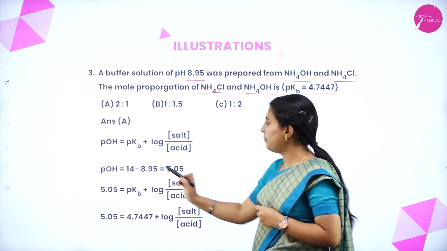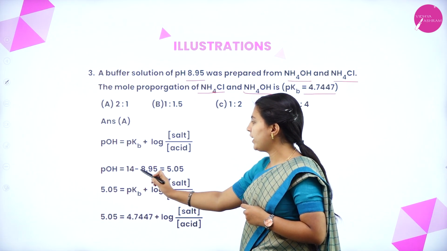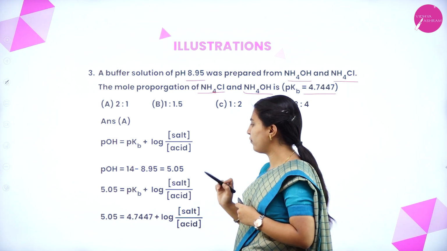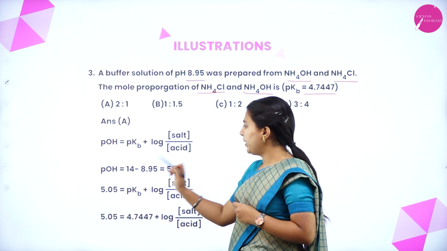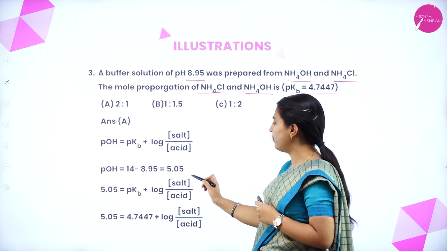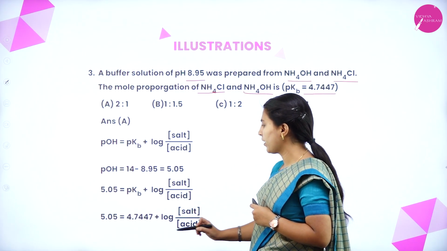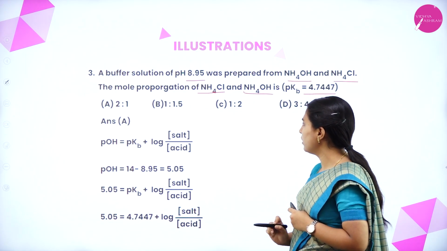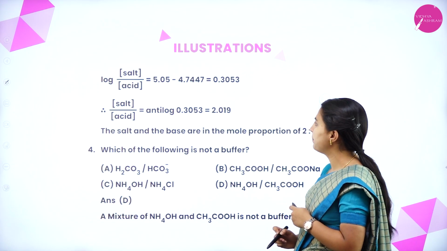We have discussed that pOH equals 14 minus pH. For pOH we got 5.05 equal to pKb plus log of salt by base, where pKb is 4.7447.